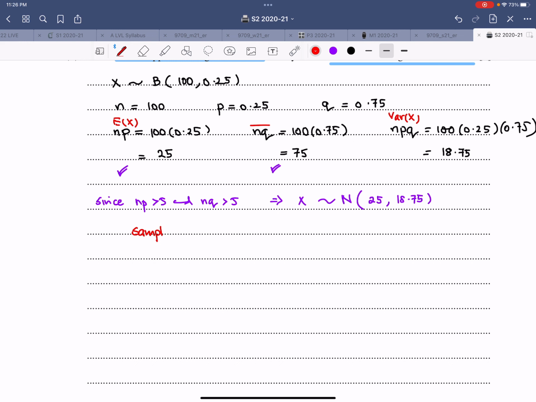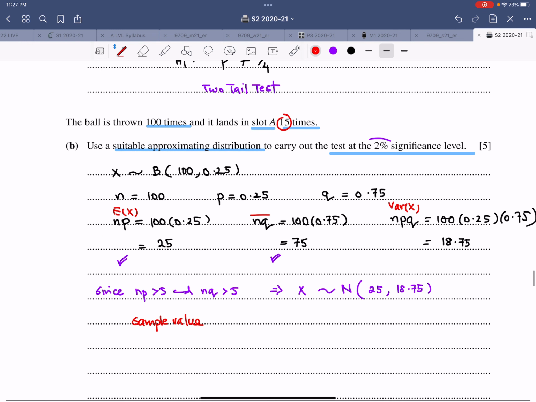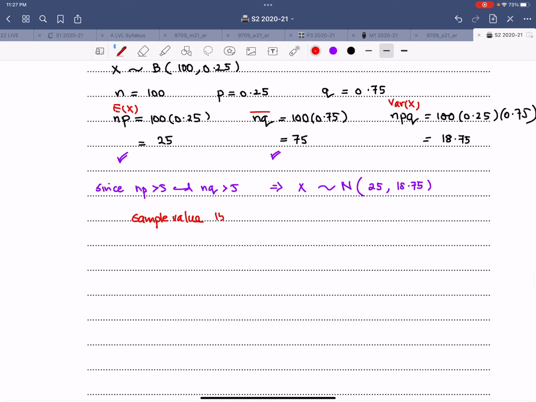Yes, that is 15. Sample value is lesser than expectation of x. So therefore, focus on lower tail. That means this sample value by default is inclusive. Calculate the probability x is lesser than or equal to 15.